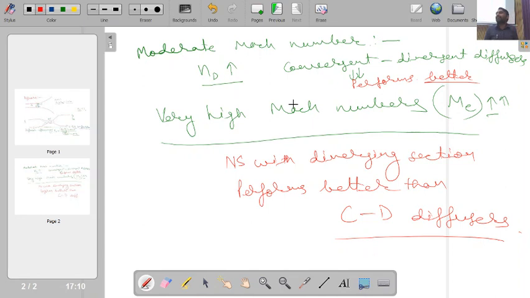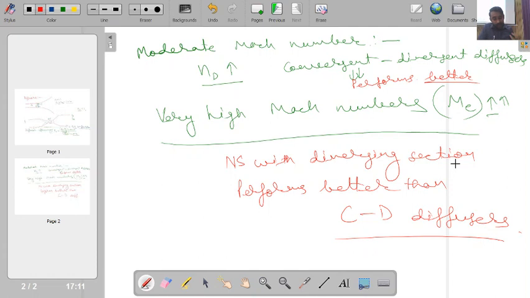But in real scenarios, fluid viscosity also comes into the picture, so viscous effects dominate for convergent divergent type of diffusers, particularly at high Mach numbers, and this is the reason that a diffuser section with the normal shock wave and a diverging section works better in comparison to a convergent divergent section, particularly at high desired Mach numbers.